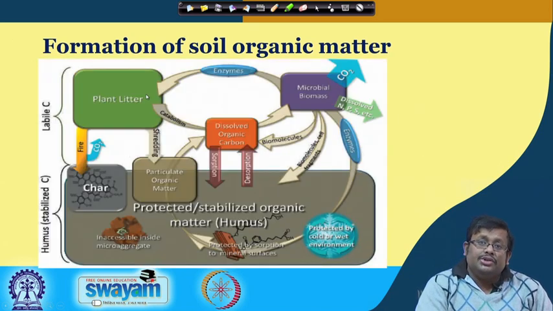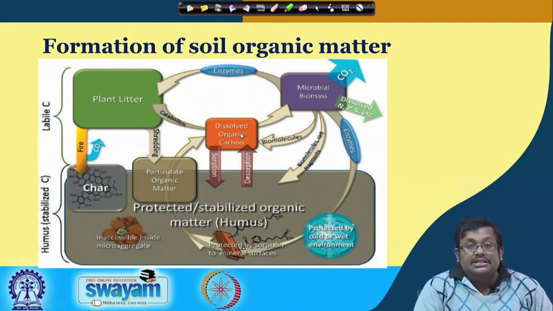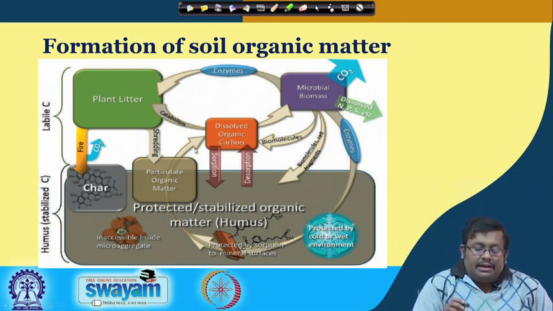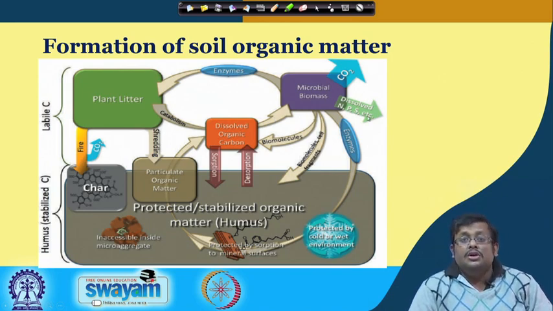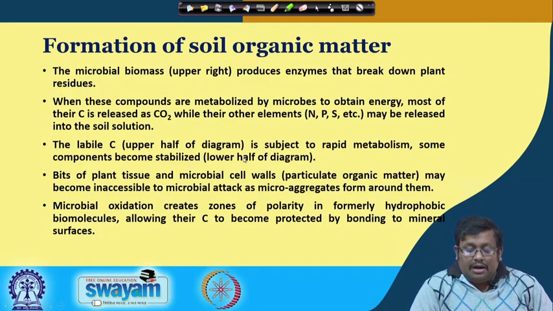We have already seen in aerobic decomposition that carbon dioxide is generated due to this enzymatic oxidation, and the nitrogen, sulfur and phosphate dissolve and may be released into the soil solution.